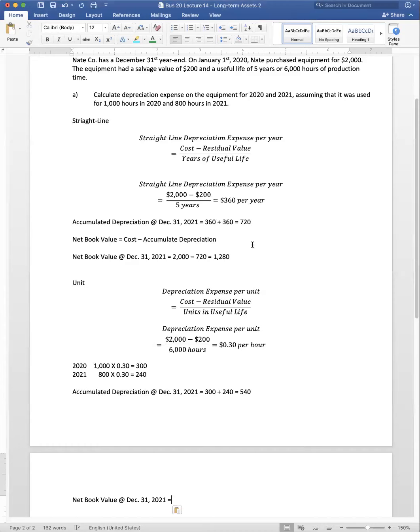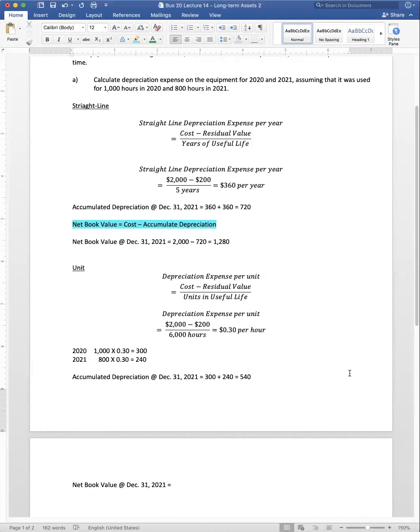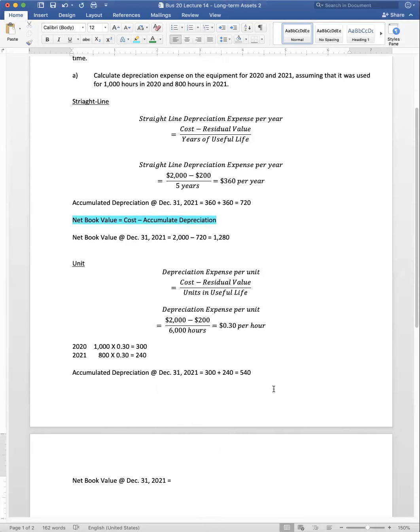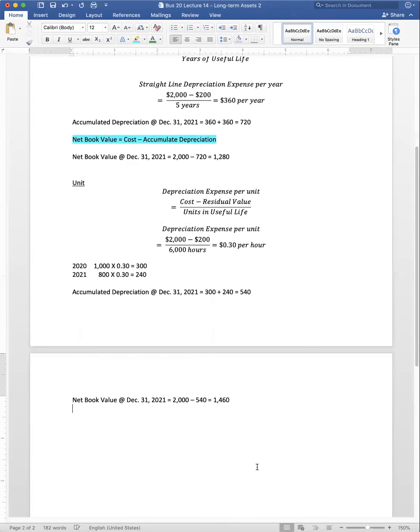Well, remember, net book value is cost minus accumulated depreciation. Okay, so we're going to take the cost of $2,000 minus the accumulated depreciation of $540, and that is going to give us a net book value of $1,460.